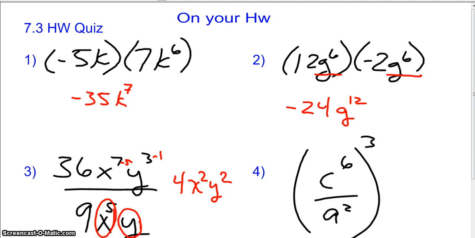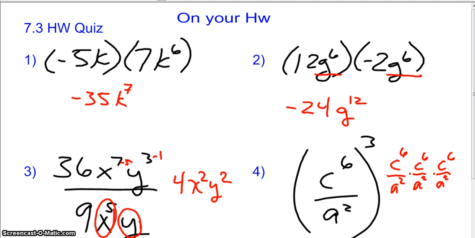And, okay, Carla? And the 4. Is it c to the 12? Well, if you were to expand this, you would have this entire fraction how many times? 3 times. So we could go c to the 6th over a squared times c to the 6th over a squared times c to the 6th over a squared.